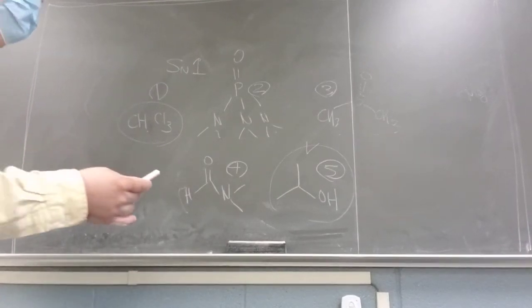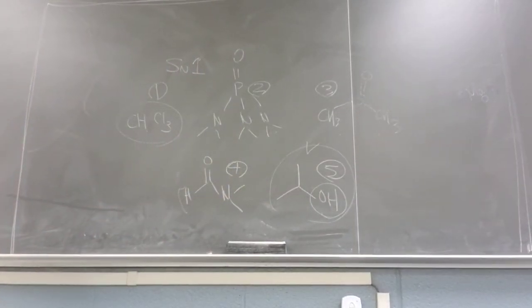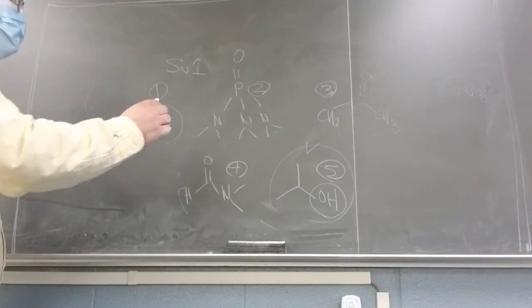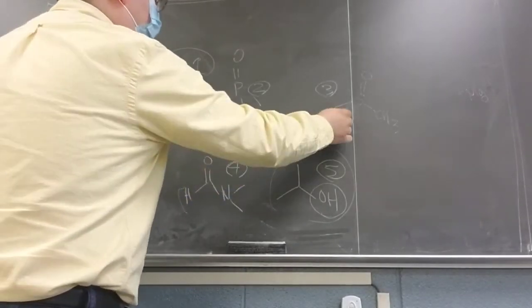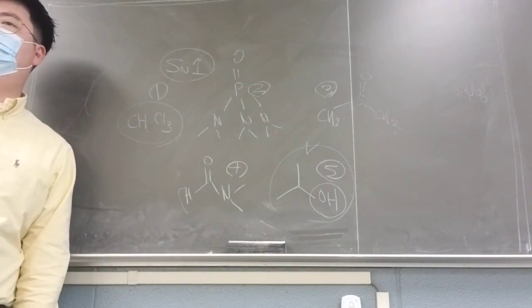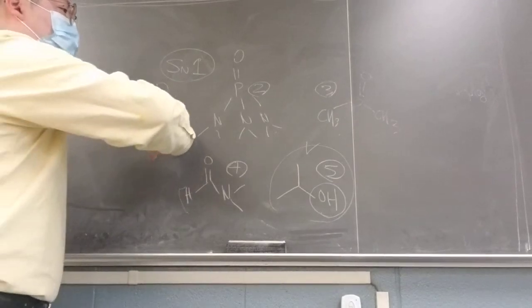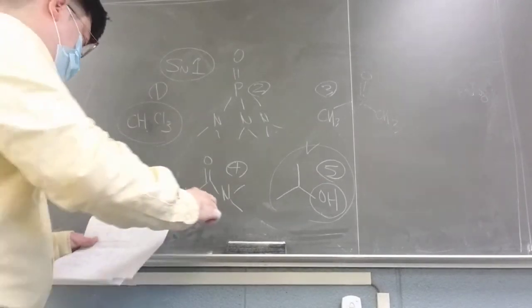That is the best one. So either a compound with a hydroxy group or amino groups will be the best one for SN1 because they are able to do hydrogen bonding, but those others are not able to. We call them polar aprotic solvents, which are not able to form hydrogen bonds in solution. Those polar aprotic solvents are actually good for SN2, not SN1. Okay. You guys actually remember this one? Good. All right.